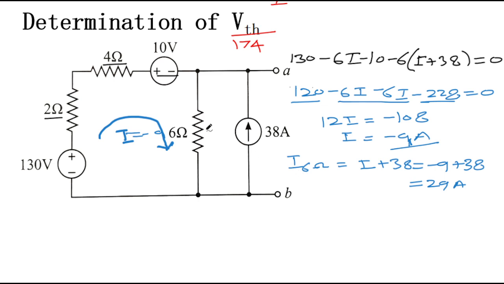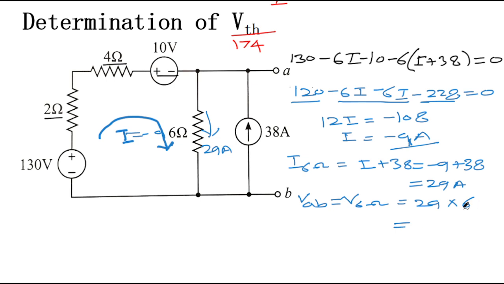So the total current flowing here is 29 ampere. So the voltage drop across this 6 ohm resistance is also the voltage drop across this VAB. So VAB will be equal to V6 ohm, that is 29 multiplied by 6.